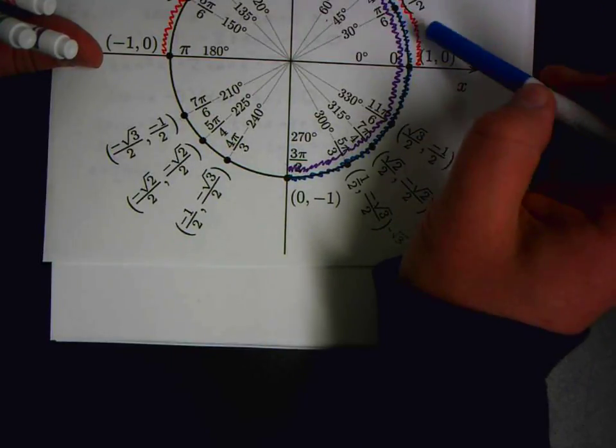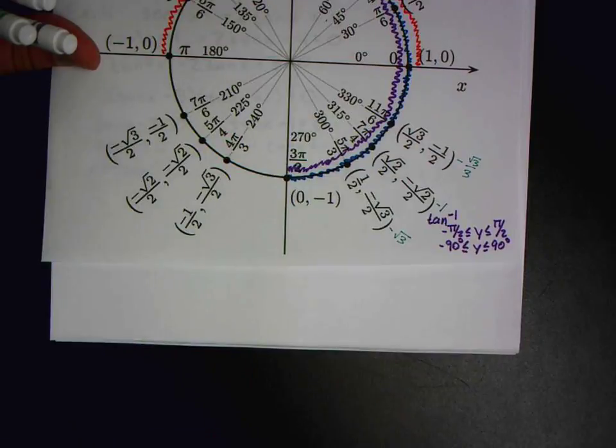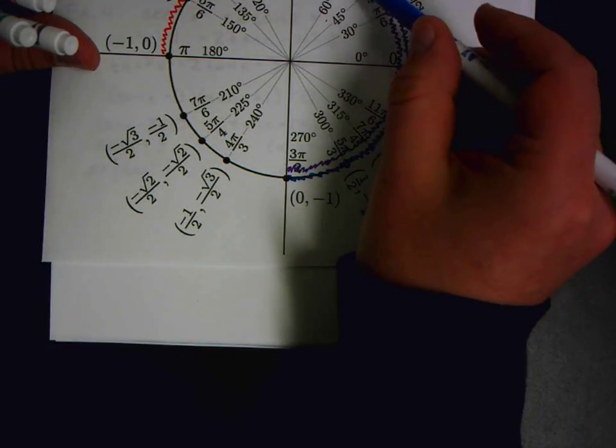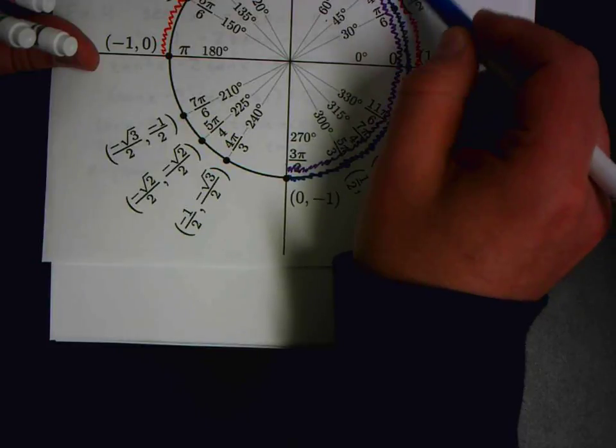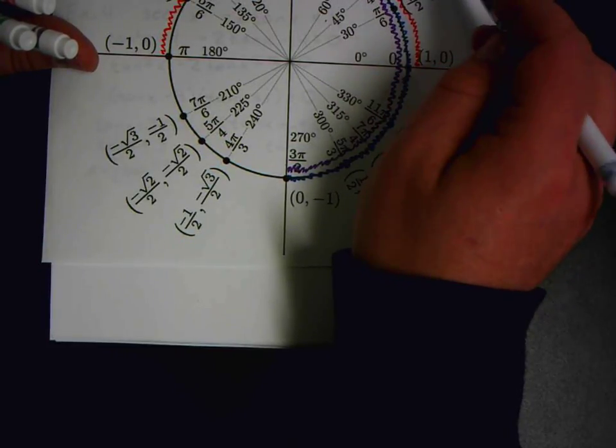Tangent of 3. I have no idea where that's going to be. But wherever it ends up being, whenever I take an arctangent of, let's say, 45, or of 1. Let's say I take the arctangent of 1.